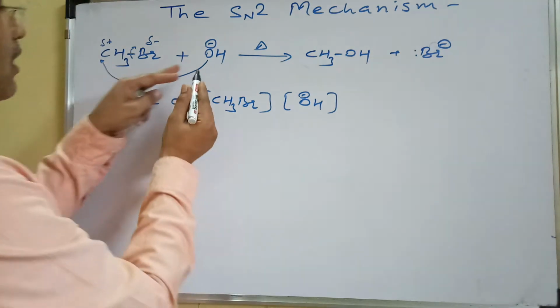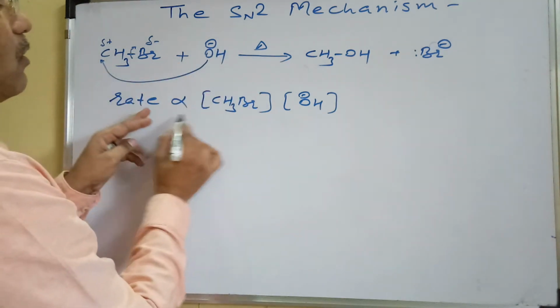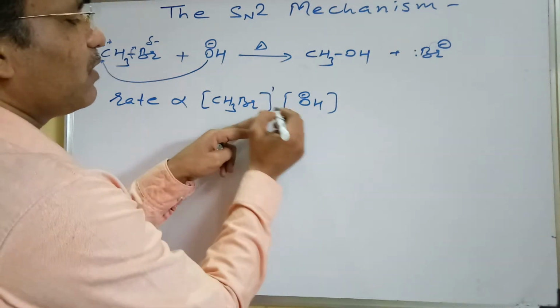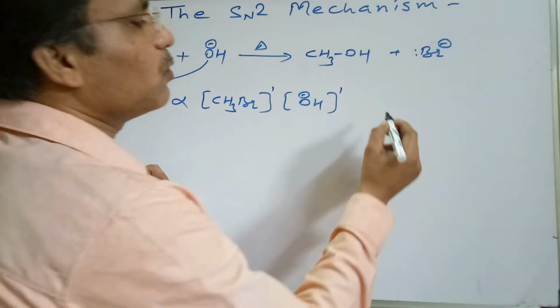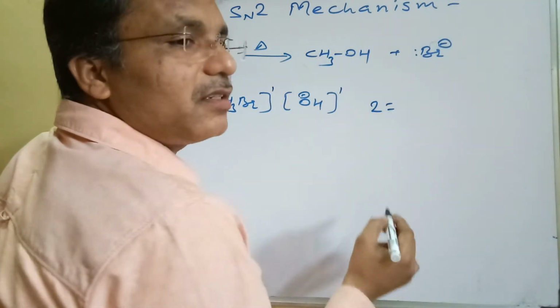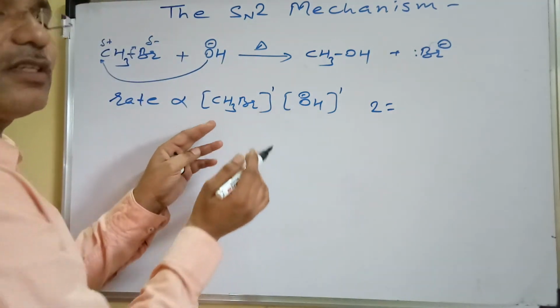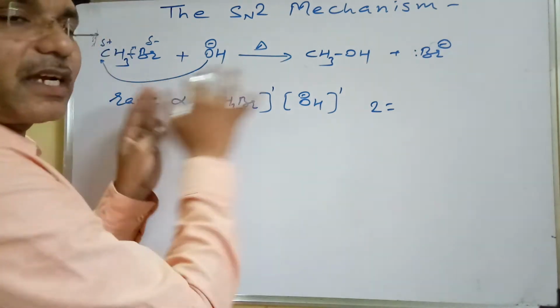So here this is a nucleophilic attack, and the order of this reaction is second order. The power of this is 1, the power of this is also 1, so 1 plus 1 is 2, a second order reaction, and both are involved in the slowest step, which is a simple step of this reaction mechanism.